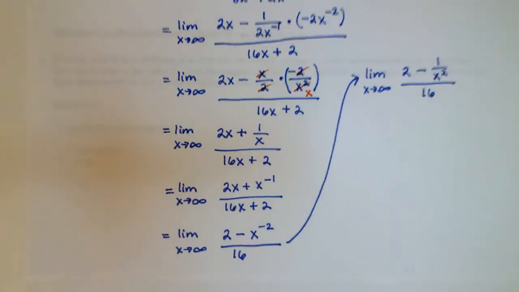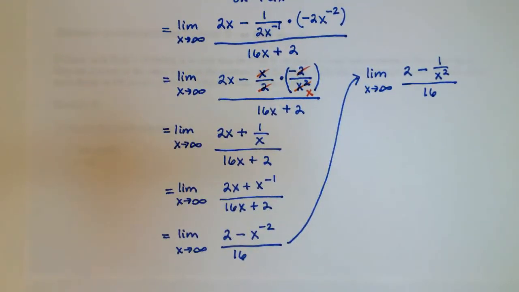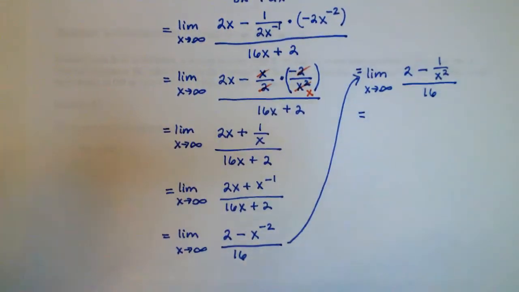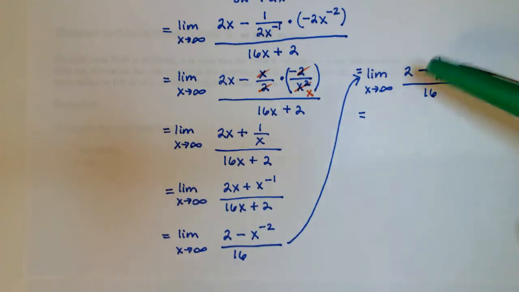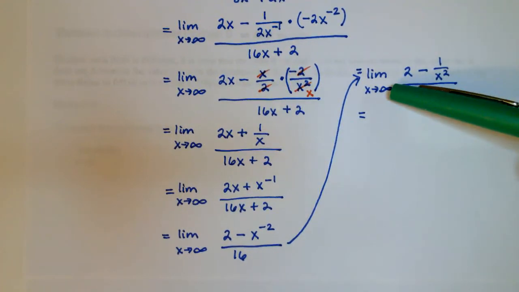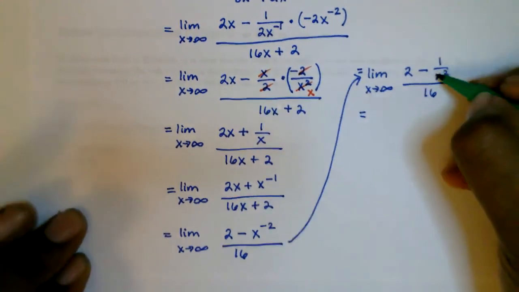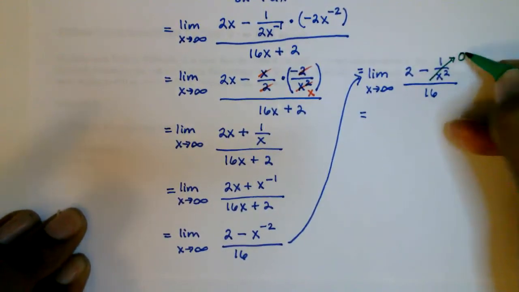So now I no longer have the infinity over infinity situation. All right, so here's what's going to happen. Notice what's going to happen as x approaches infinity: that 1 over x squared is going to go to 0.